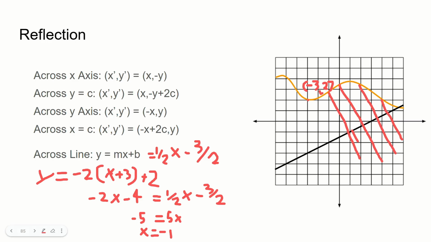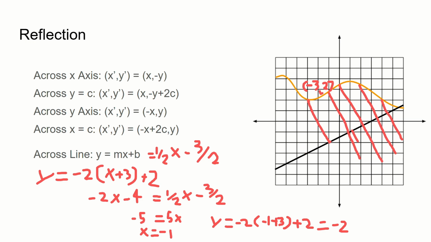And we just plug that back in. So -1. So we know it will reflect at -1, -2. So this will be where it goes through. And we know however much it took to get there, it's going to go exactly that distance again.